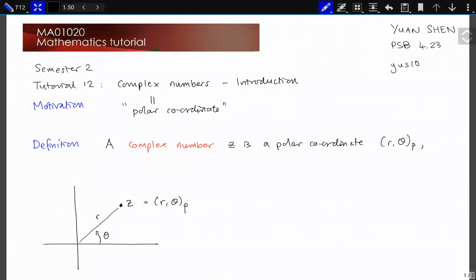More specifically, r should be positive or non-negative. It can be 0. And the angle lies between minus pi and pi. So theta, the angle, is defined up to 2 pi.